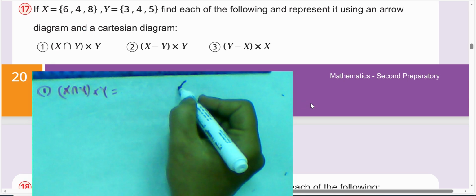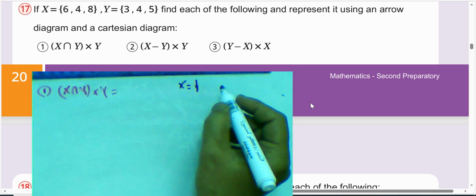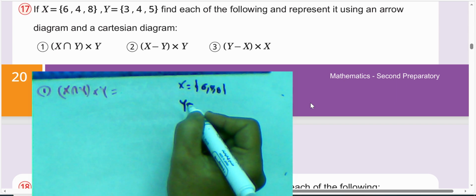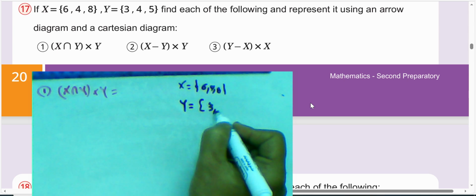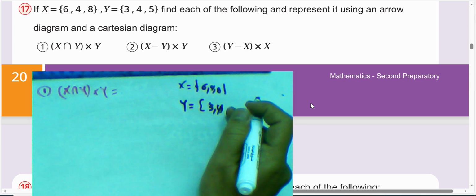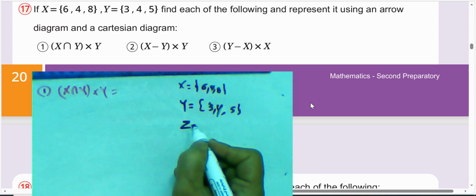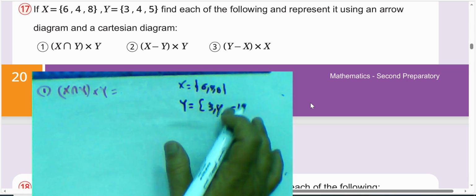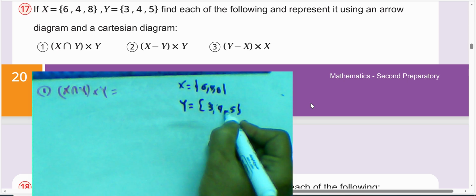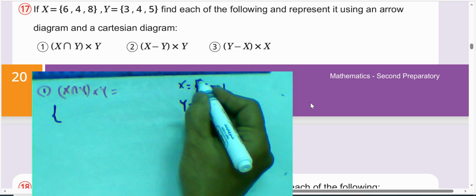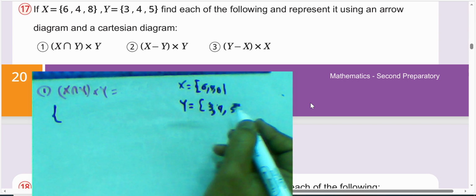We have x was 6, 4, and 8, and y equals 3, 4, and 5. We have x and y only. He wants to find the intersection between x and y. The intersection between them equals 4.